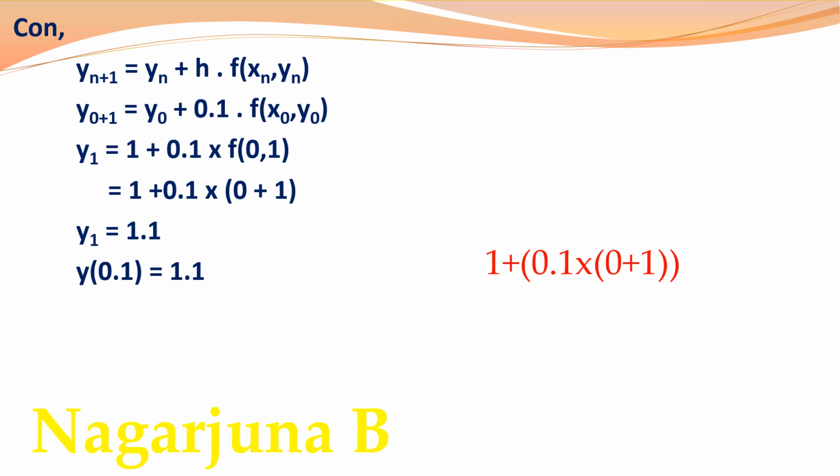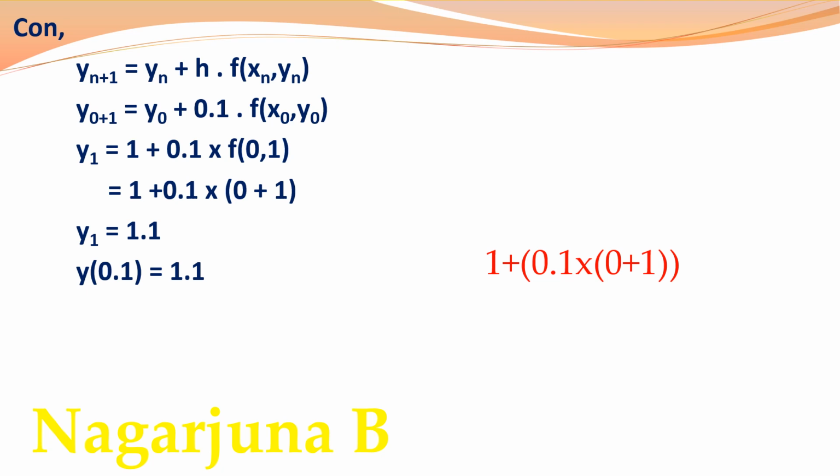So we have calculated the value of y at x is equal to 0.1, and in the question they have given y of 0.3. That means you need to repeat these calculations of x and y again 2 times. Therefore at the second time we get y of 0.2, at the third time we get y of 0.3.